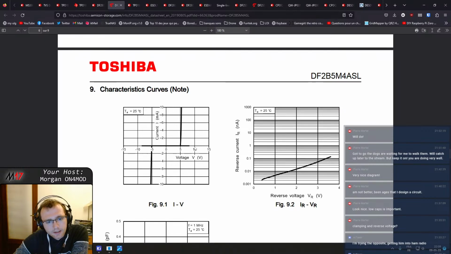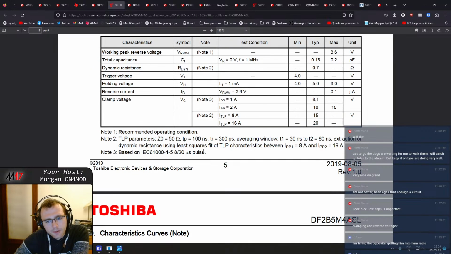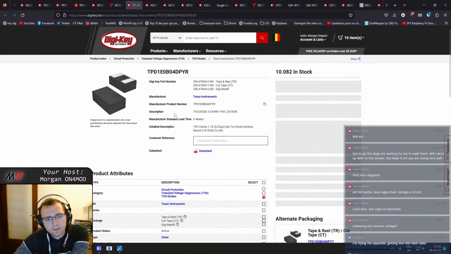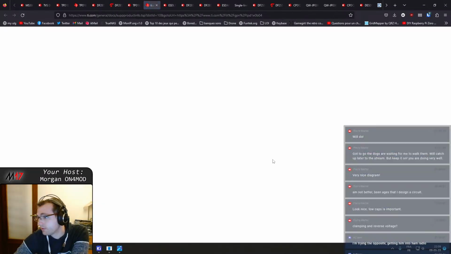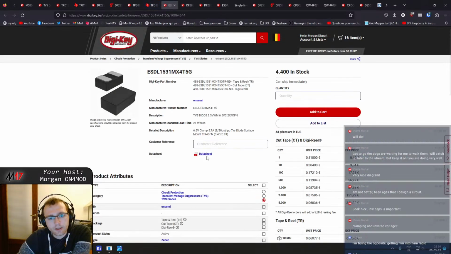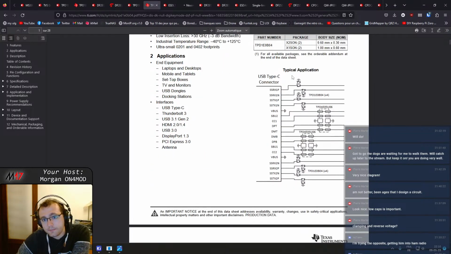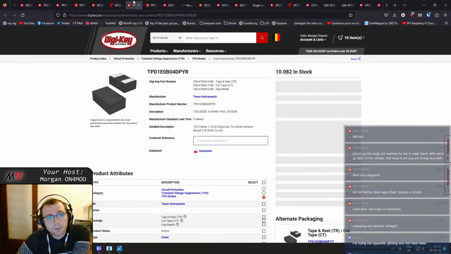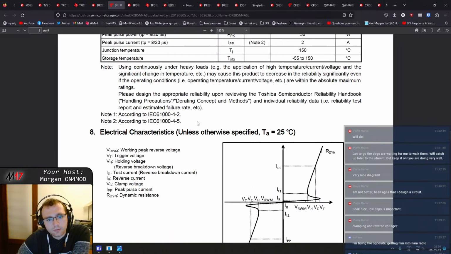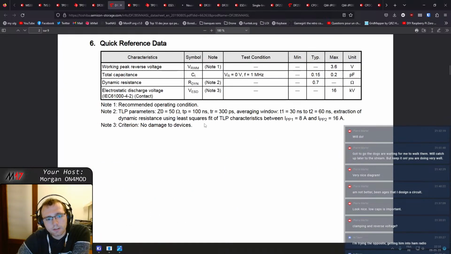Okay, I kind of like that one. Maybe also because they have a very nice diagram in it that shows what to expect from a real diode, not only from an ideal one. This one... Oh, what is the package of that one?